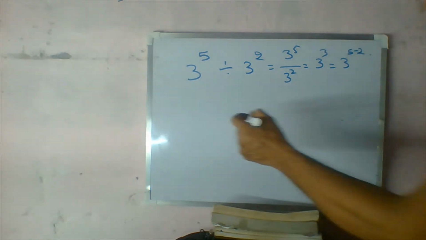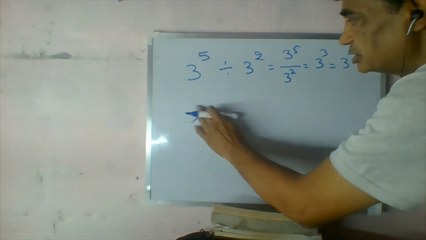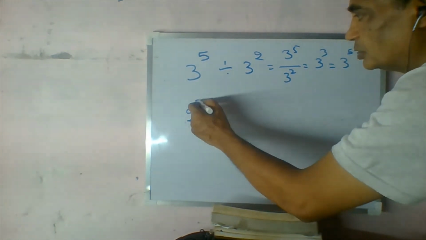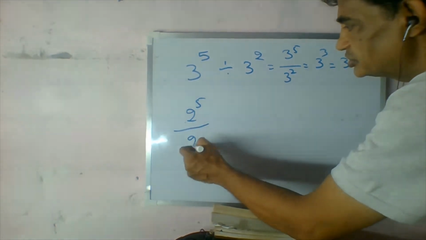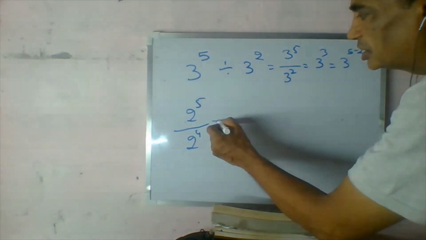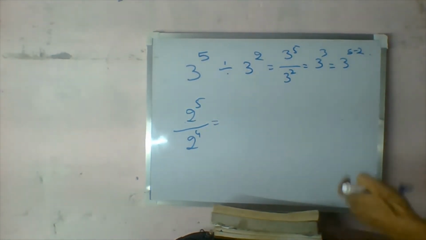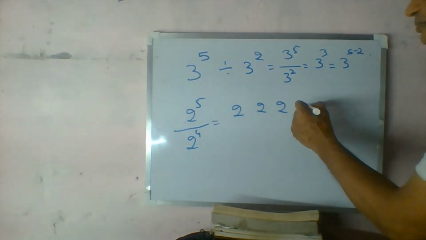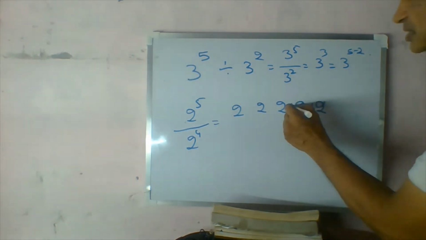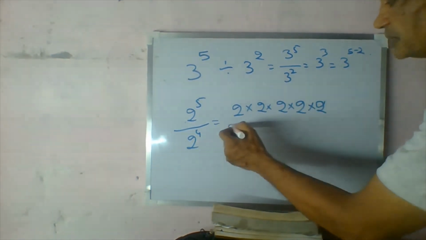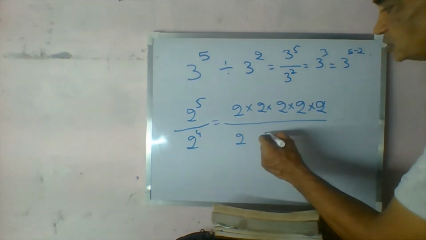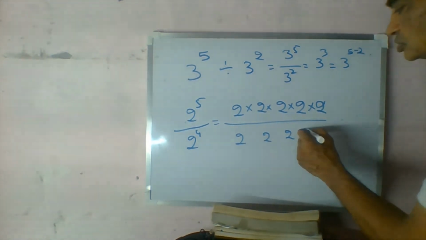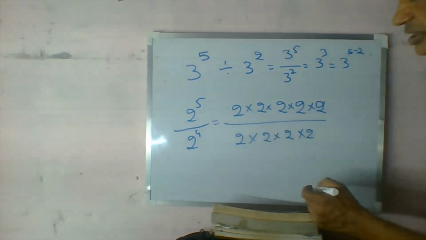Now take 2 raised to power 5 divided by 2 raised to power 4. 2 raised to power 5 is 5 twos multiplied together. 2 raised to power 4 is 4 twos multiplied together.